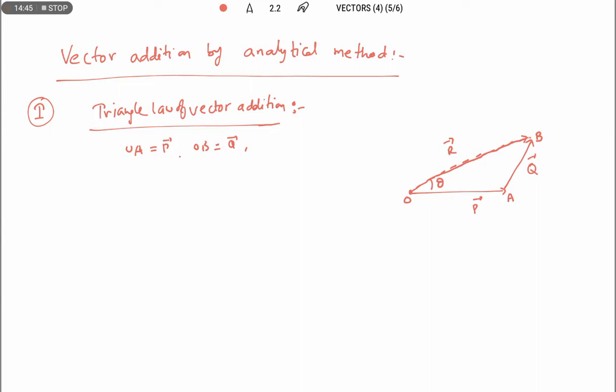Okay. So to derive this, I am going to draw a normal by extending this line till N. Sorry, here OB is R bar, AB is Q bar.